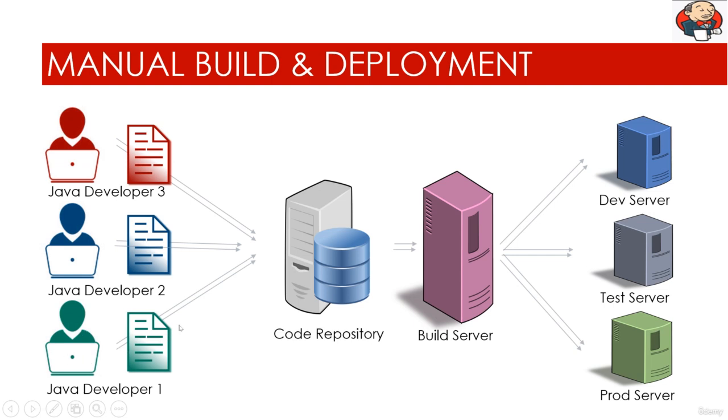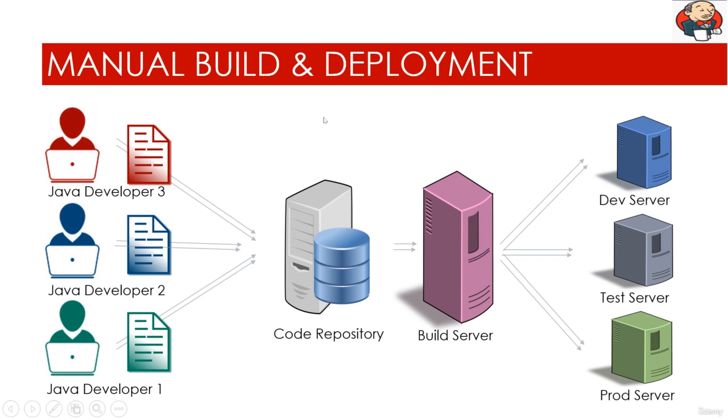What happened after? Let's say developer one made some change, developer two made some change, and developer three made some changes, where there is some conflict in calling a method, or there was miscommunication, and just consider one method name got changed, and that code is there in the repository.